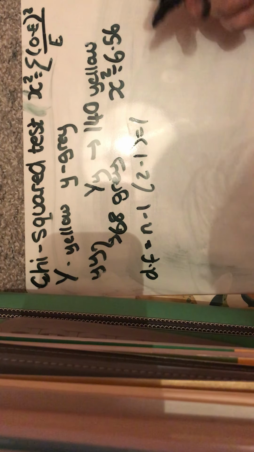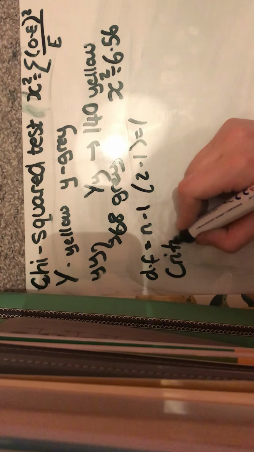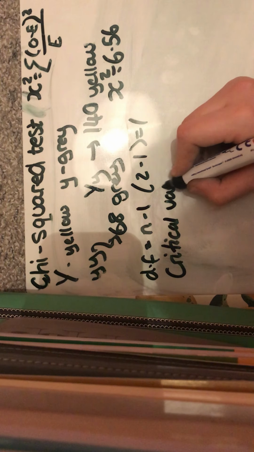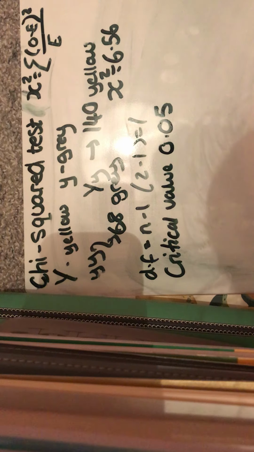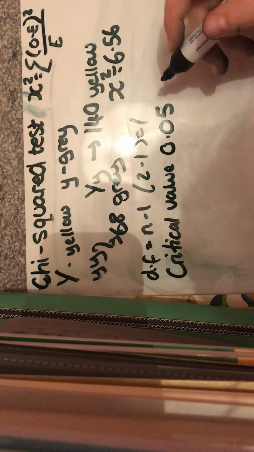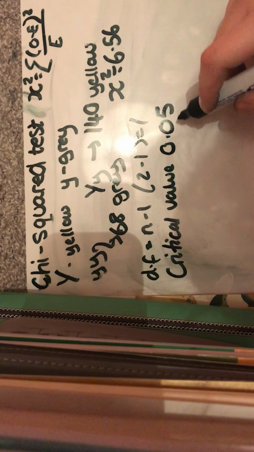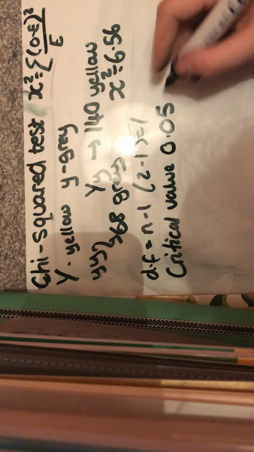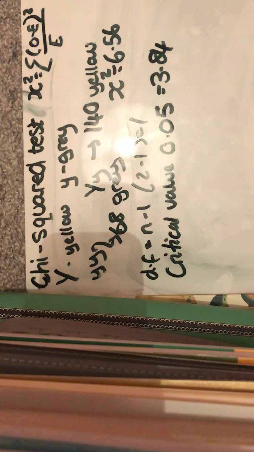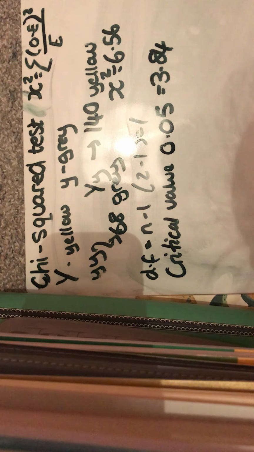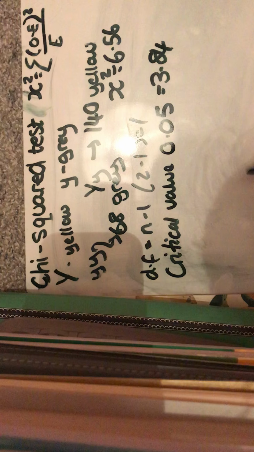So we find the critical value at the 0.05 level of significance. At 1 degree of freedom at the 0.05 level of significance, the critical value equals 3.84. So what we can say now is that our calculated value of 6.56 is larger than the critical value.